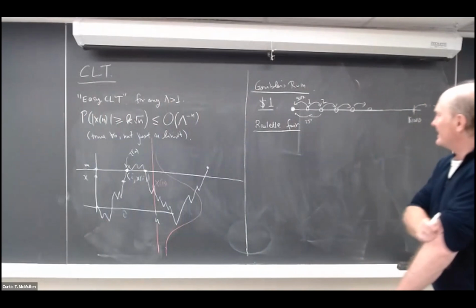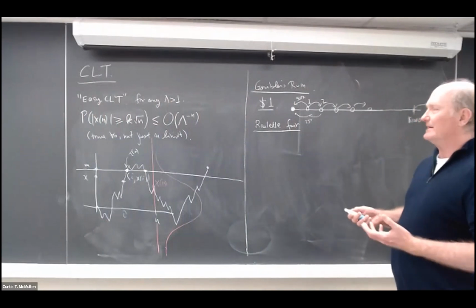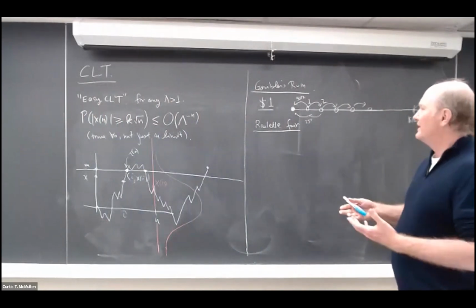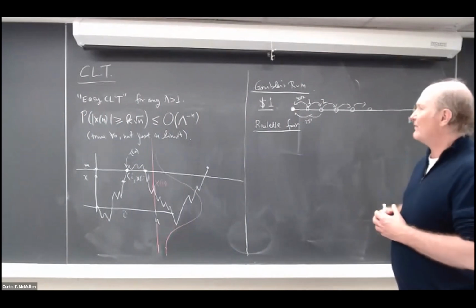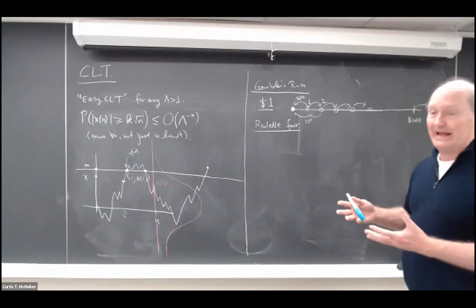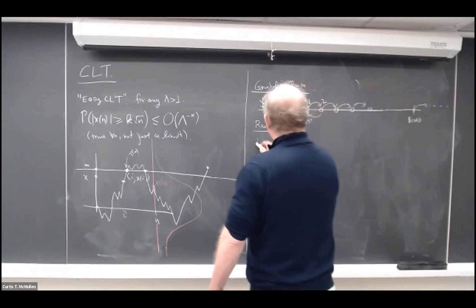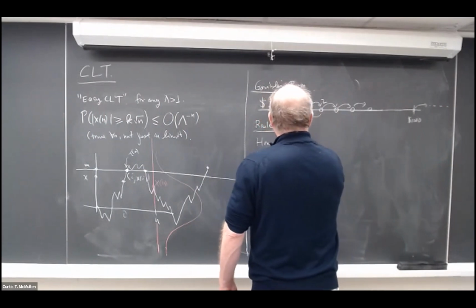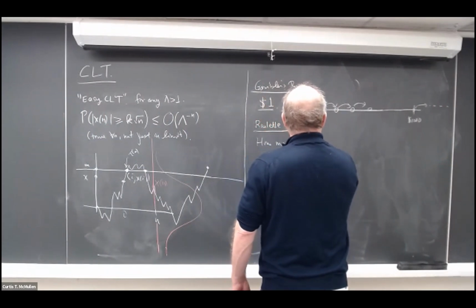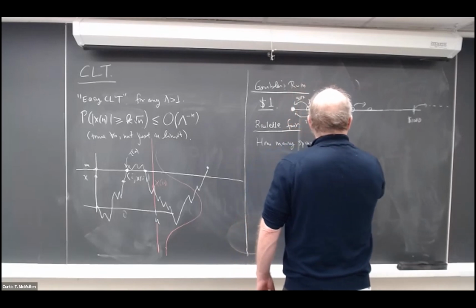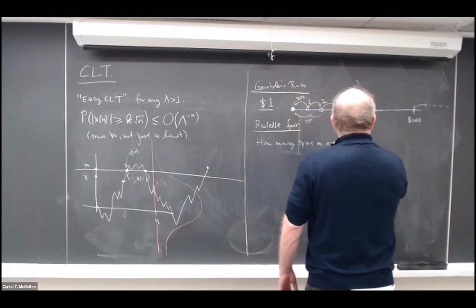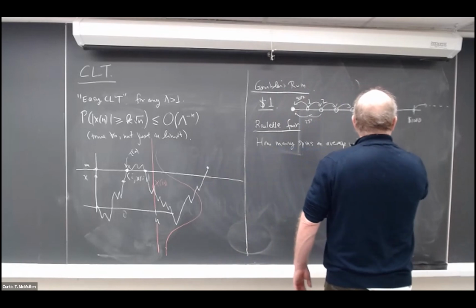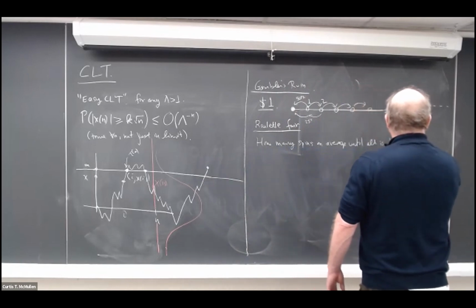So the question is, how many spins on average does our cautious roulette player get to play? How many spins on average until all is lost?